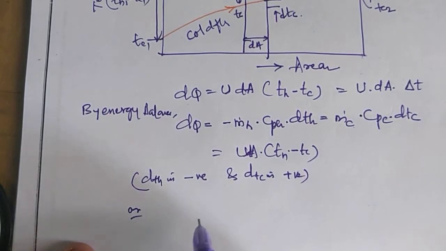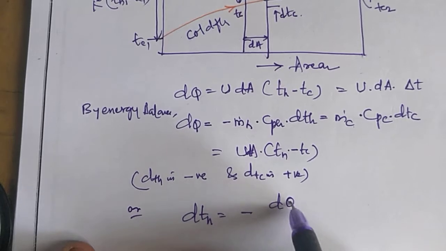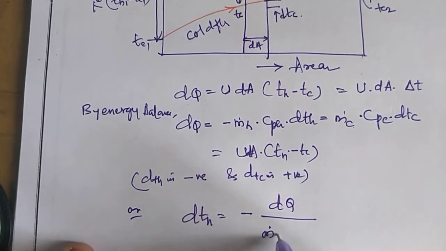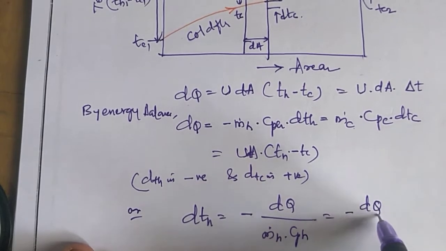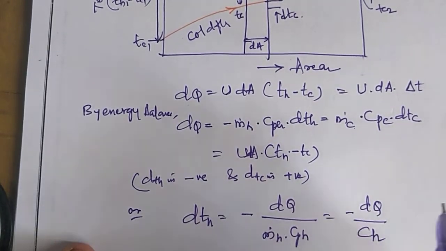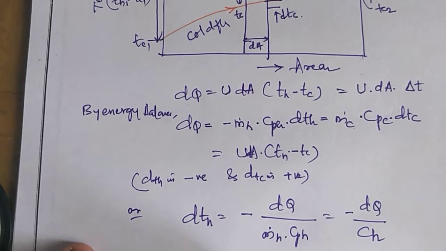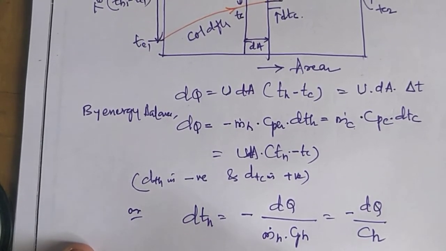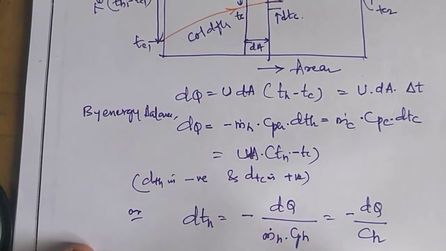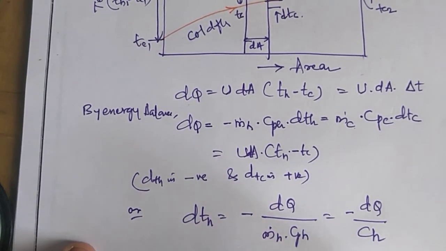Or we can write dTH is equal to minus dQ over mH CPH, which is minus dQ over CH, and dTC is equal to dQ over mC CPC, which is dQ over CC.